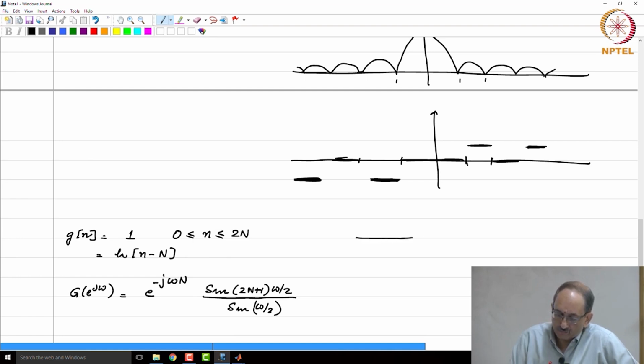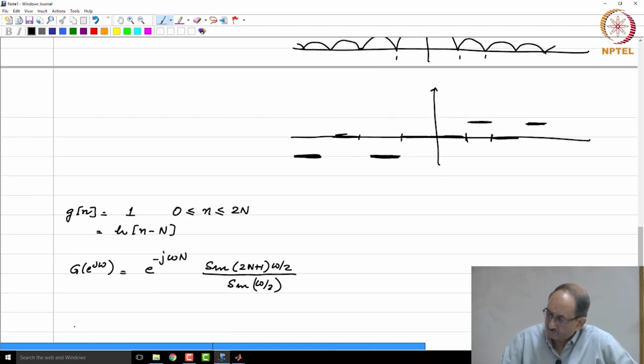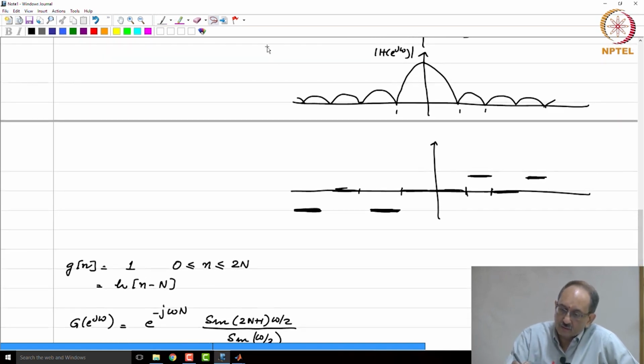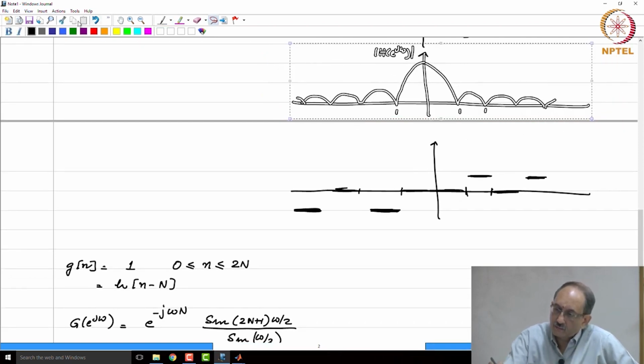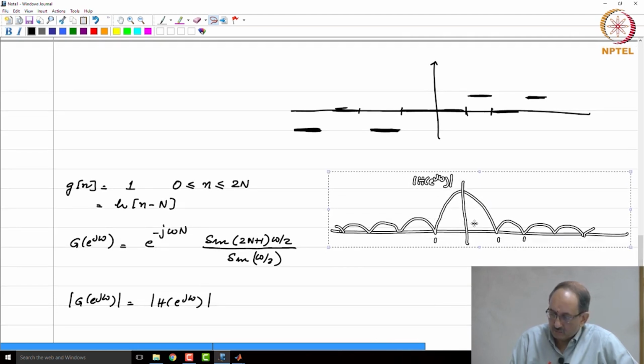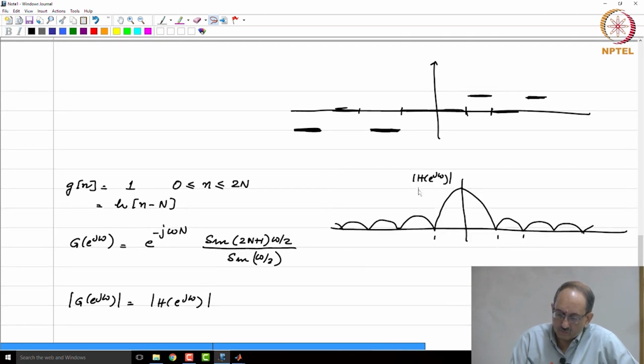As far as magnitude response goes, nothing changes, because the delay has introduced just a phase factor, magnitude response remains the same, and hence this is as before.